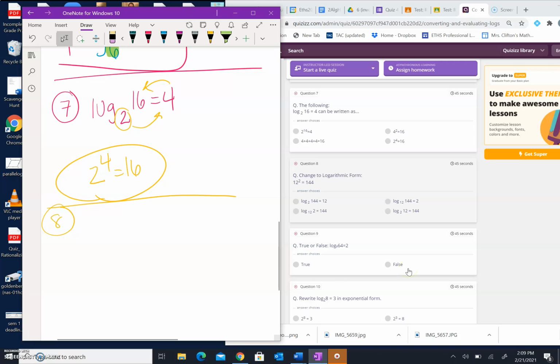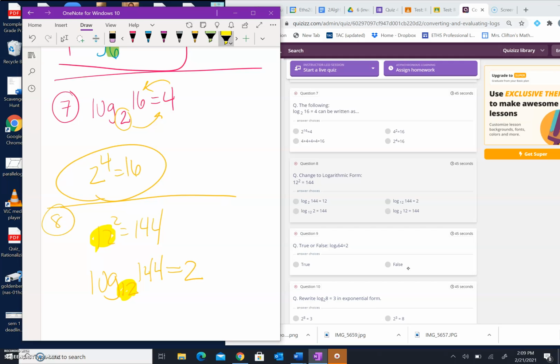Number 8, we're rewriting 12 squared equals 144 in the log form. Remember, the base is 12, so 12 goes on the bottom. The resulting number is over here, and then the power is on the far side. So remember, oops, that's kind of hard to see. Sorry about that. Let me get a different color. Base of 12. 12 is the base being raised to the power.